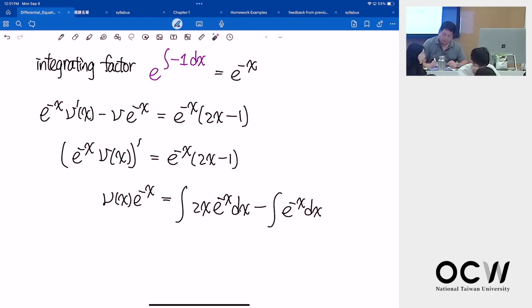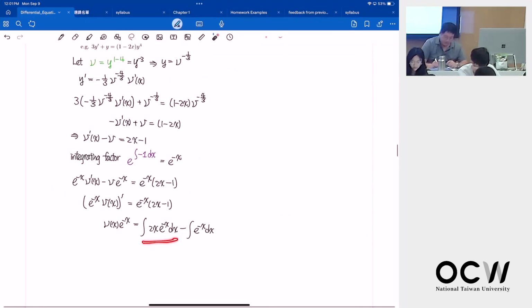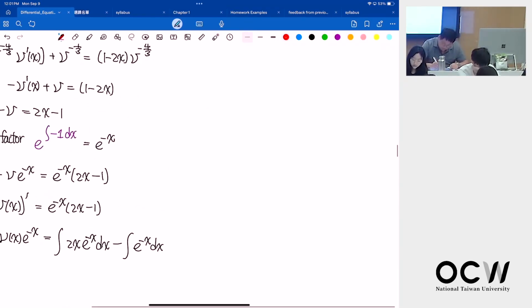Well, for this integration, let's do a quick review. How do we do this integration? Integration by parts. So what is the integration by parts?